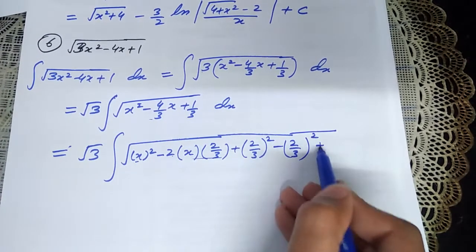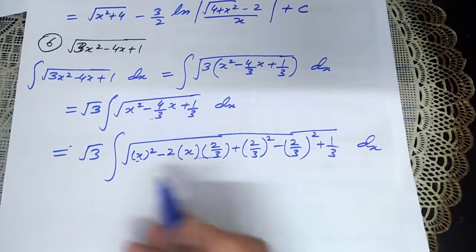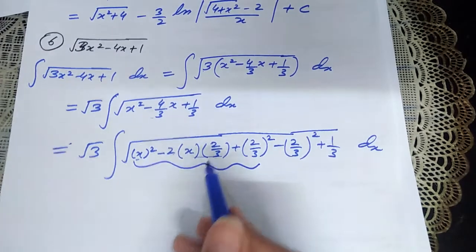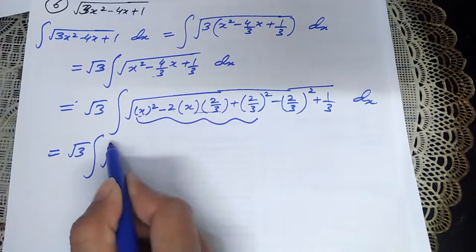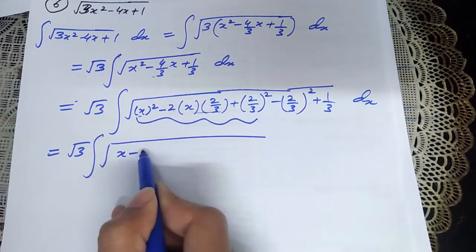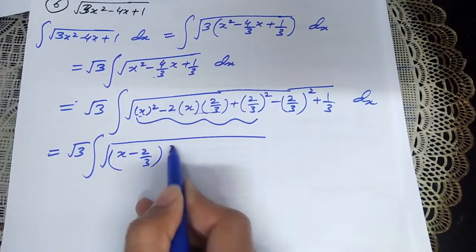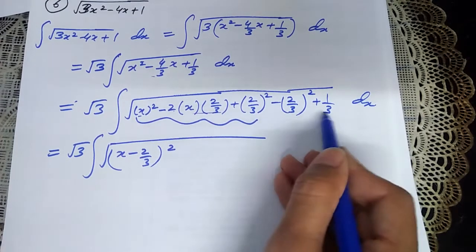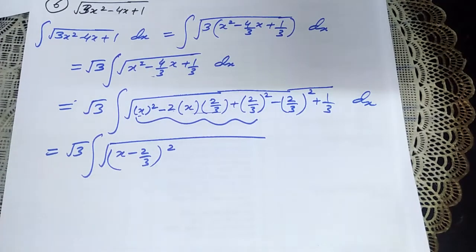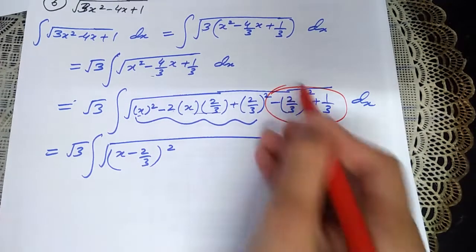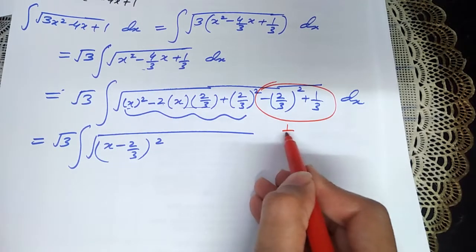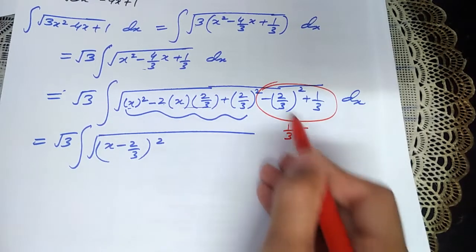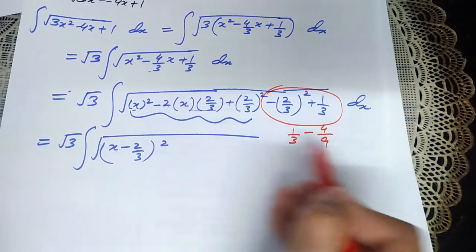And the rest of the thing, plus 1 over 3, will be written like this. Now the first three terms are basically the completing square formula, that is x minus 2 over 3 whole square. And the rest of the terms I need to simplify. I'm writing here 1 over 3 first and then this negative 4 over 9.